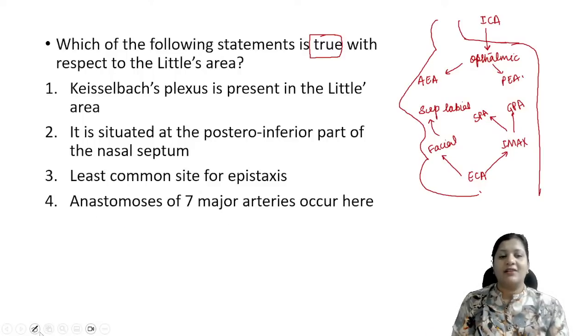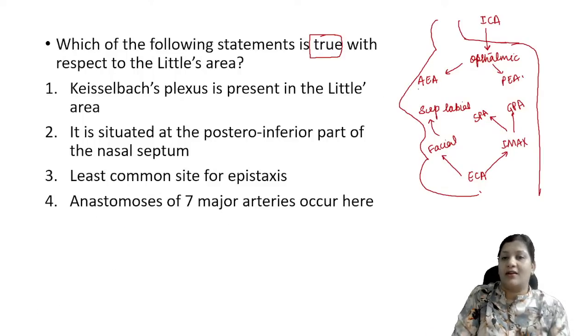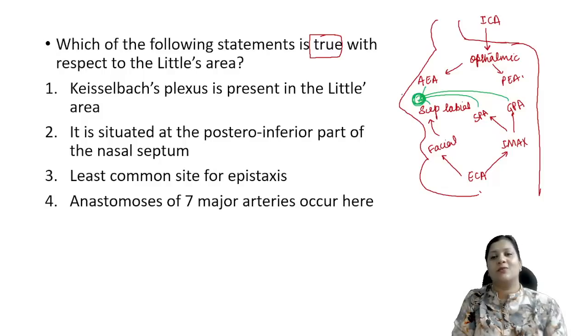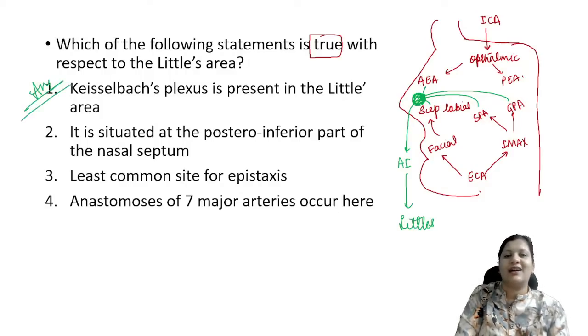So here we have anastomosis of the 4 arteries: anterior ethmoid, superior labial, sphenopalatine and greater palatine. They all form an anastomosis at the antero-inferior portion of the septum. This area is called Little's area, also called Kieselbach's plexus. So this is your correct answer.